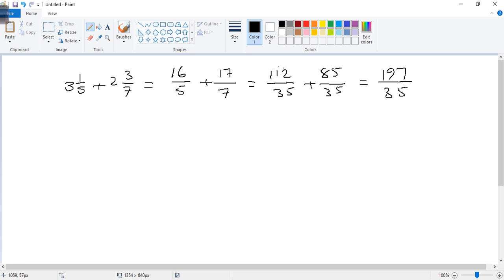We divide by 35, 35 into 197 is 5, because 5 times 35 is 175, and 197 take away 175 is 22, so 5 and 22 over 35, and this is the answer.